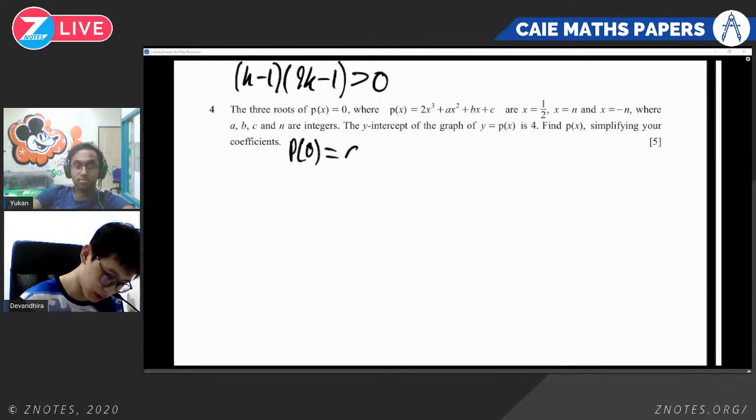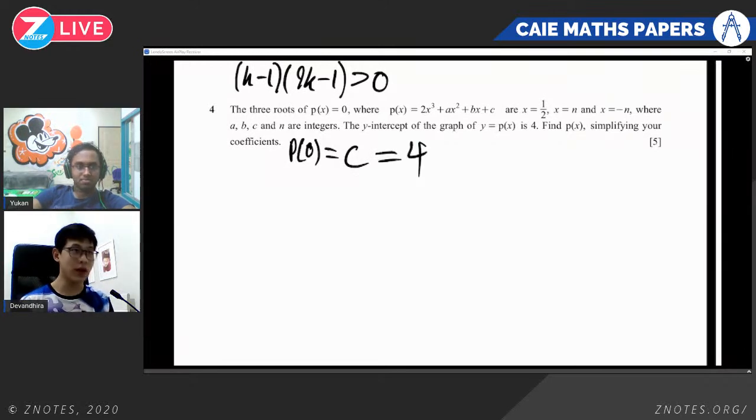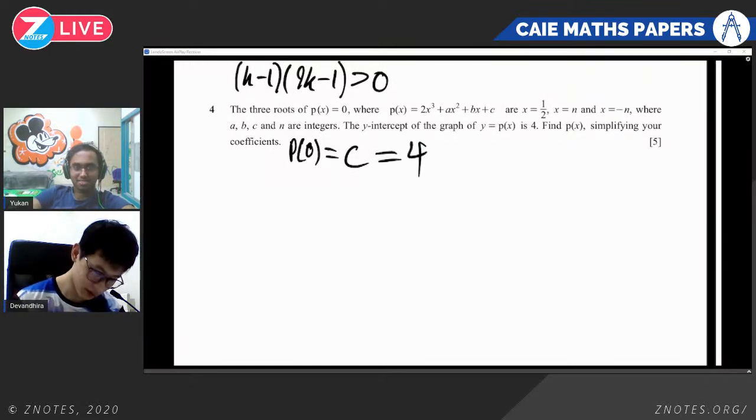They said the y-intercept is 4, that means c is 4. Agree? Yeah. Okay, we're done with the c. Very simple. Now we still have to look for a and b though. Okay, we can do that.